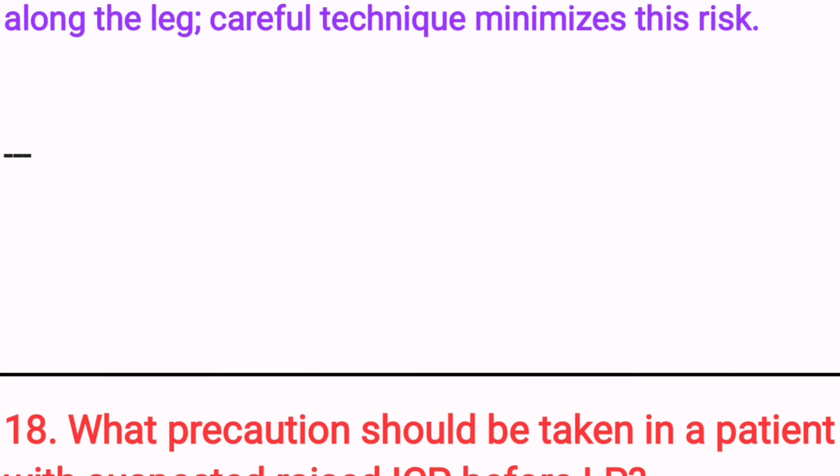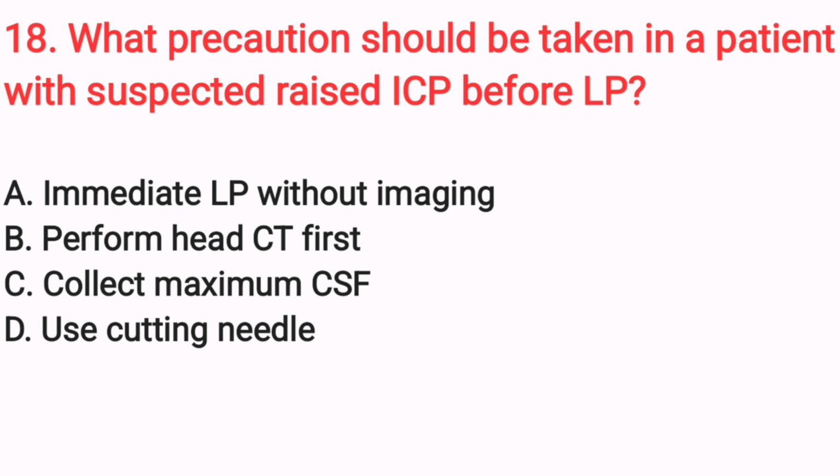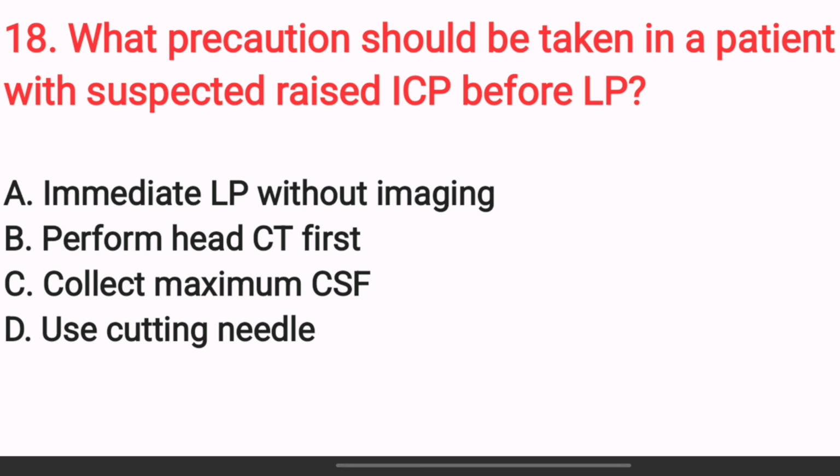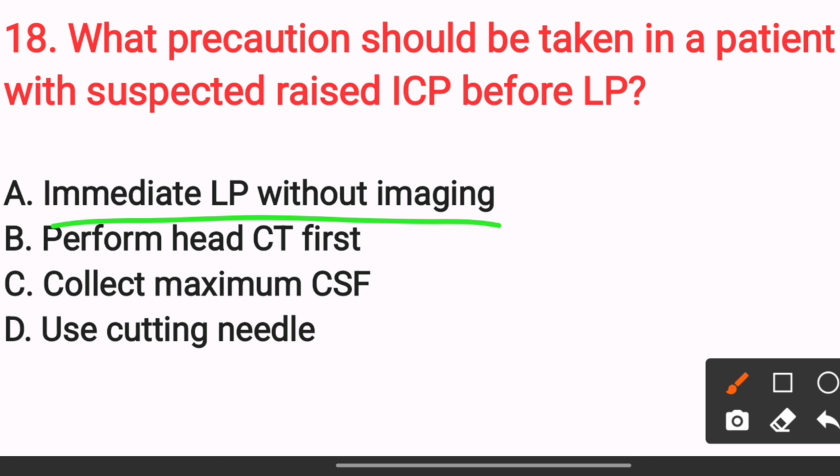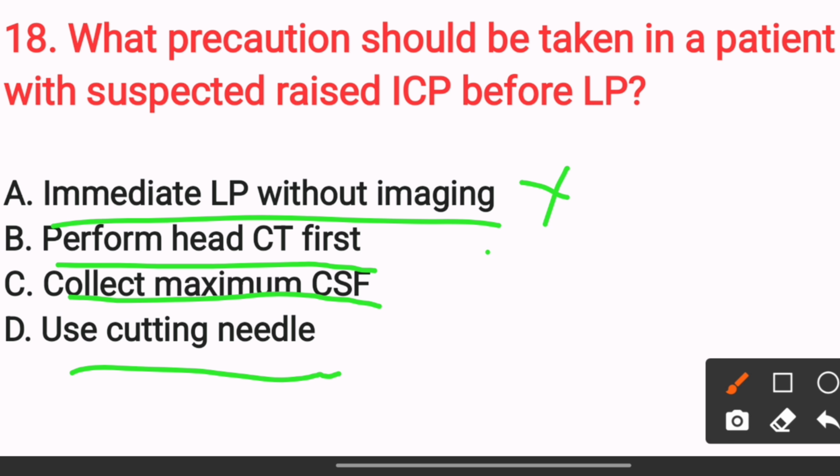Next, what precaution should be taken in a patient with suspected raised ICP before the LP? Option A, immediate LP without imaging. Option B, perform head CT first. Option C, collect the maximum CSF. Option D, use cutting needle. Immediate LP without imaging, this is the wrong answer. Collect the maximum CSF?